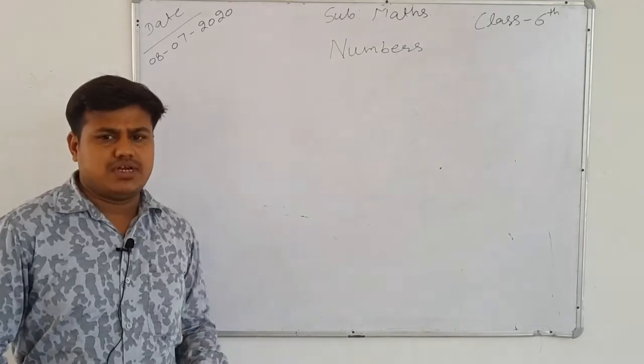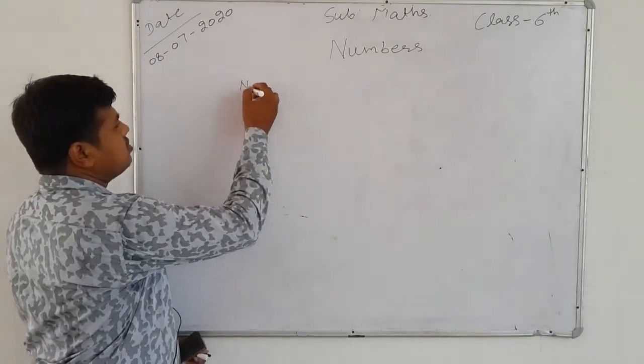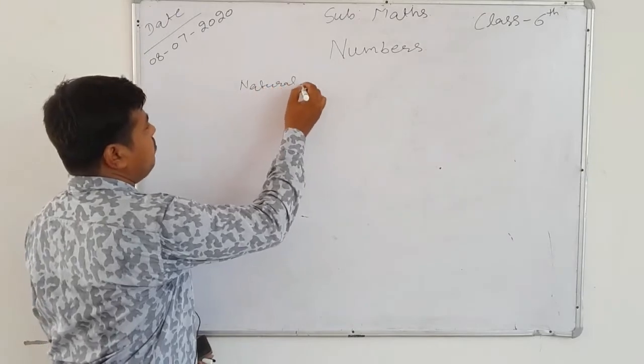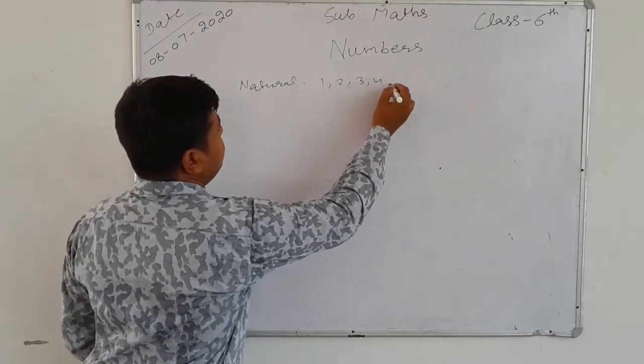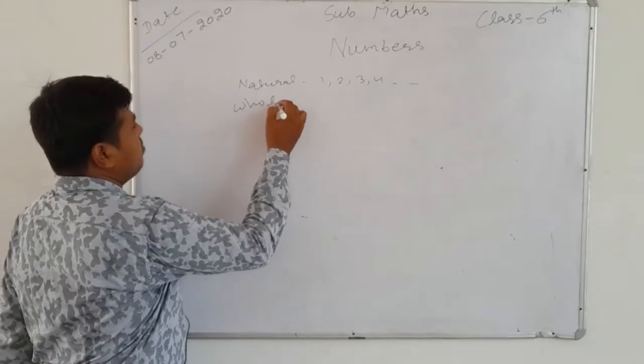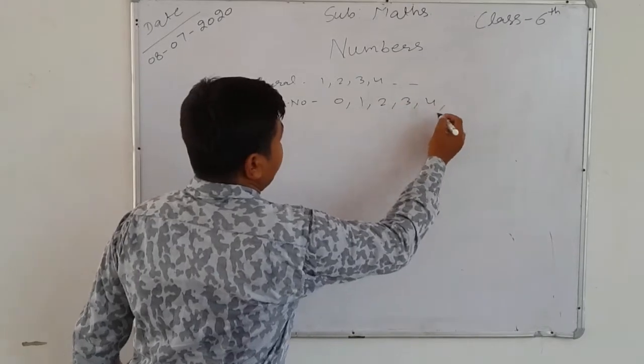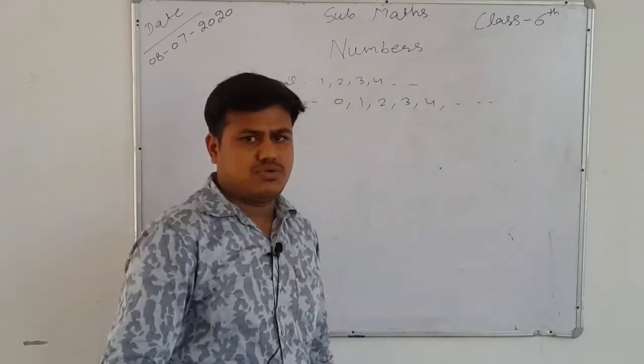So numbers we have already discussed: natural numbers, whole numbers. Natural numbers start from 1: 1, 2, 3, 4, these are the natural numbers. Whole numbers start from 0: 0, 1, 2, 3, 4 and so on.